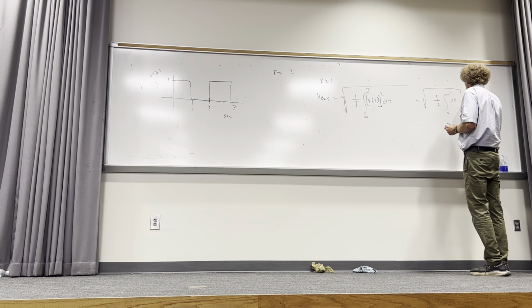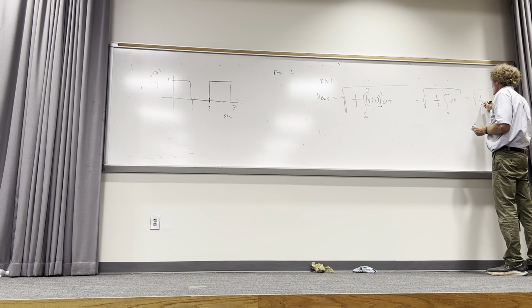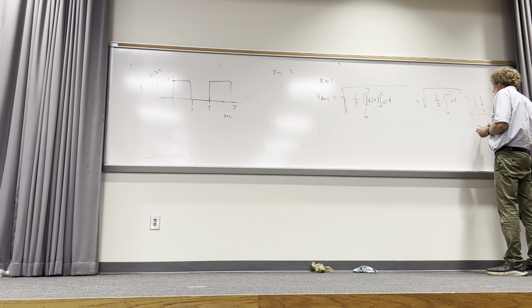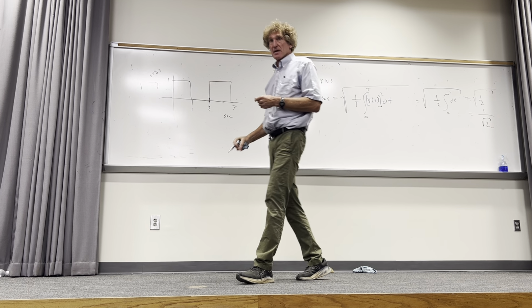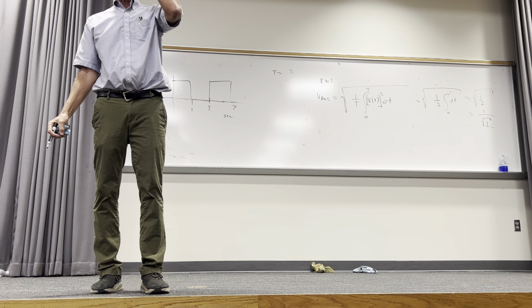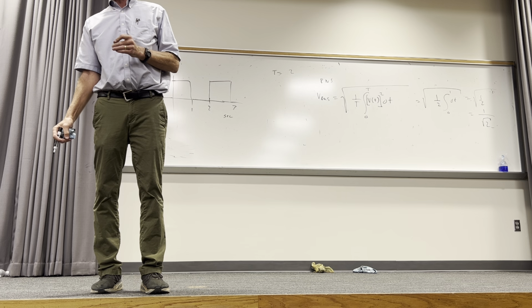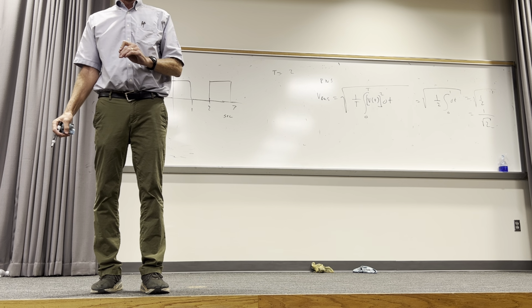You can see that's the square root of 1/2 times 1, or 1 over the square root of 2, or 0.707 basically. Do you all agree with that? That's how you apply the concept and get the actual RMS value of a voltage.